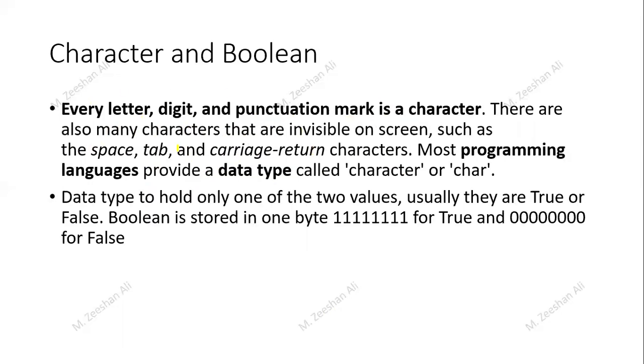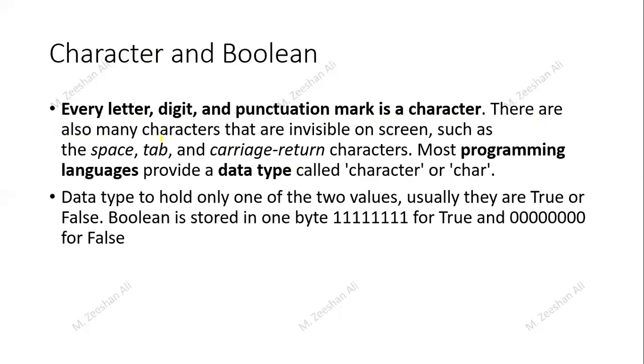Two more data types. One is character, the second one is Boolean. Character holds only one character. It can be a number, it can be a letter, it can be any special character, anything, but only one. Every letter, digit, and punctuation mark is a character.